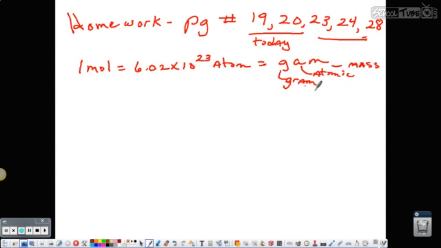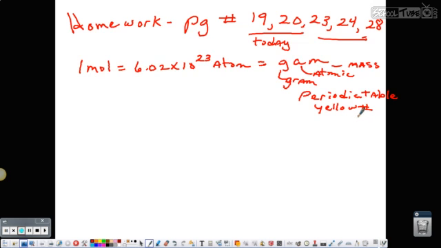So, the GAM comes from the periodic table and it is the yellow numbers. All right, so GAM, gram atomic mass. Look on the periodic table, find the yellow numbers.